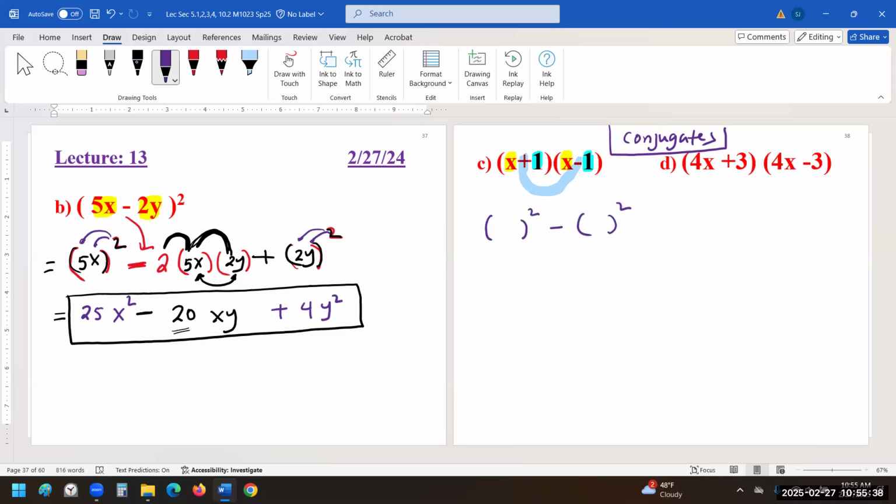That's it. So first term is x. So we do x squared. Our second term is 1, which is 1 squared. So x squared minus 1 squared. Now x squared is simply x squared. And 1 squared is also simply 1. So when you multiply, you get x squared minus 1.